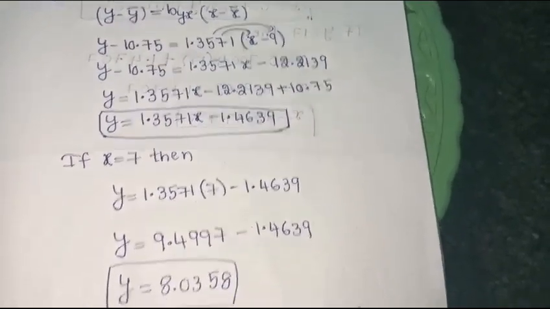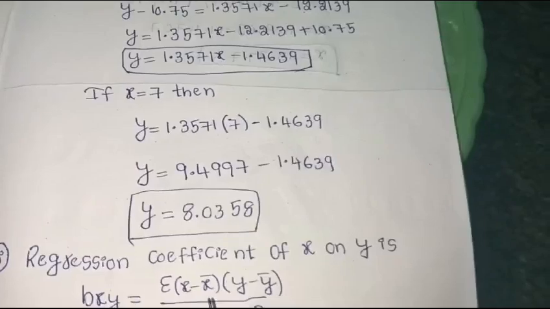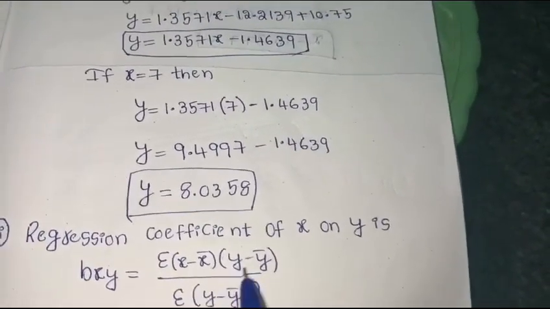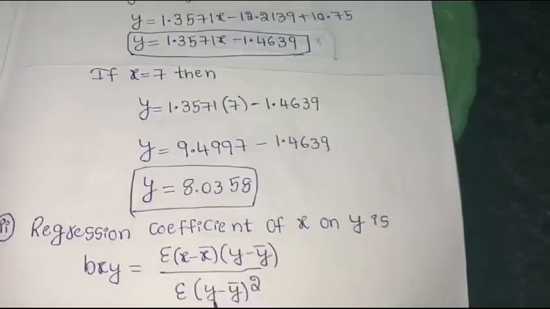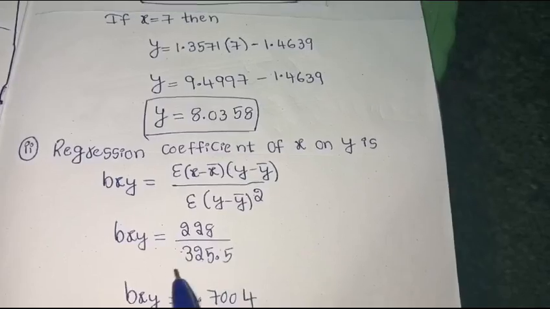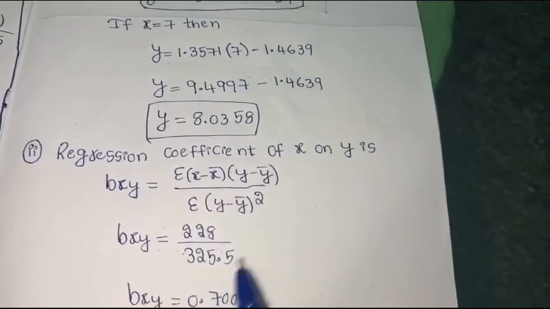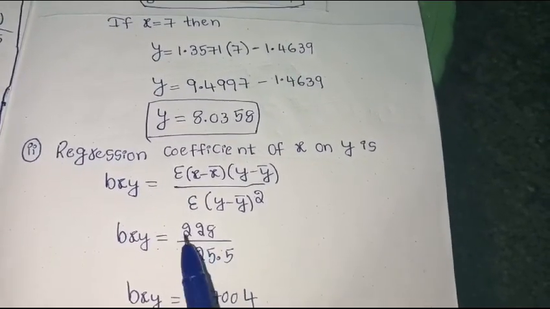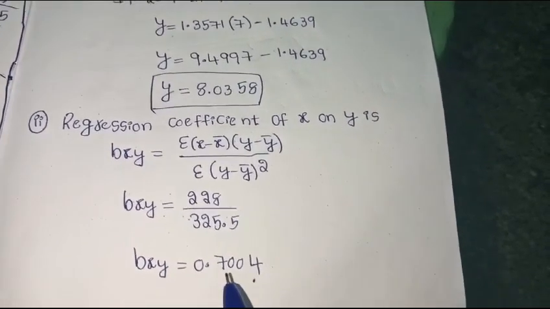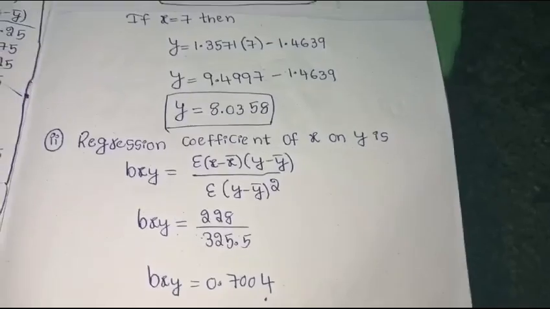We need to calculate the regression coefficient first, which is bxy is equal to summation x minus x bar into y minus y bar by summation y minus y bar whole square. Bxy is 228 by 325.5. The value of 228 by 325.5 is 0.7004.